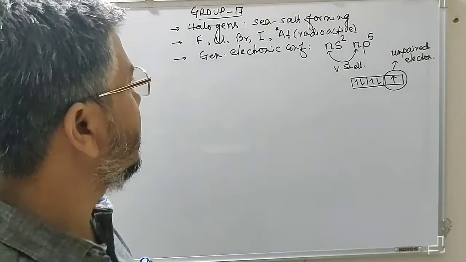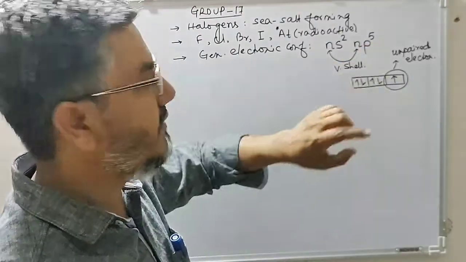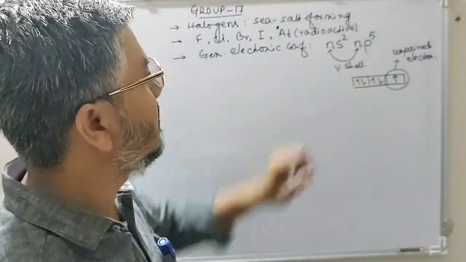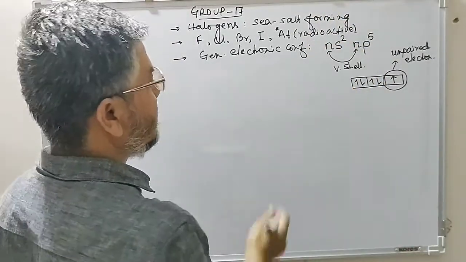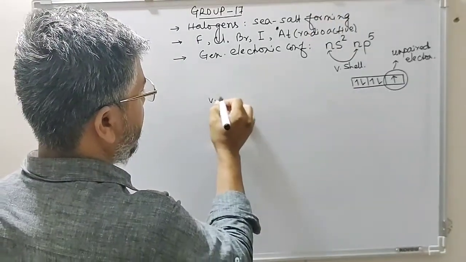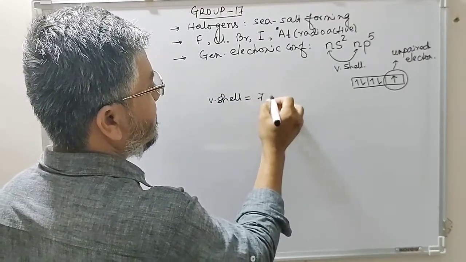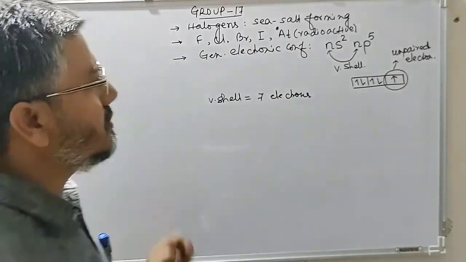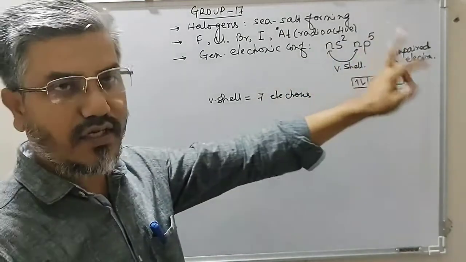So if you look at ns2 np5, n being the highest occupied shell number, the valence shell contains 7 electrons in total, and this contains 1 unpaired electron.